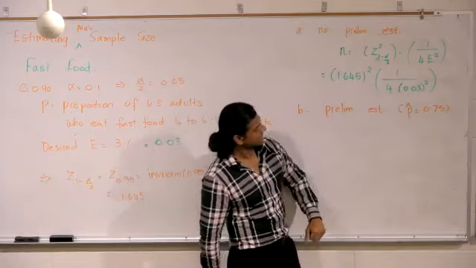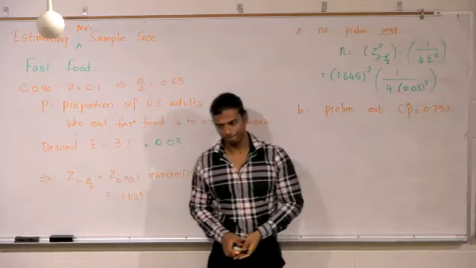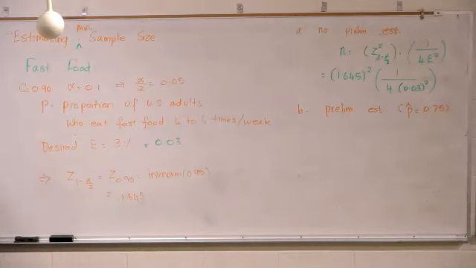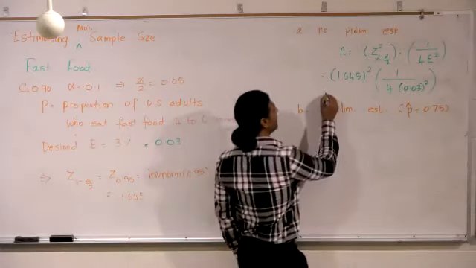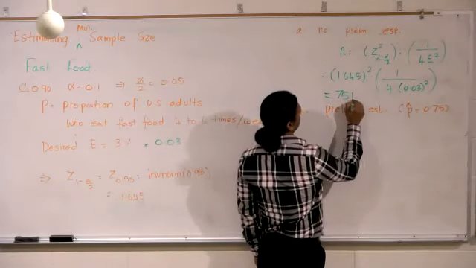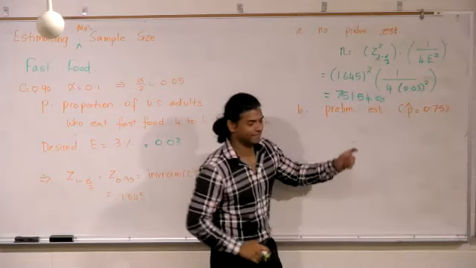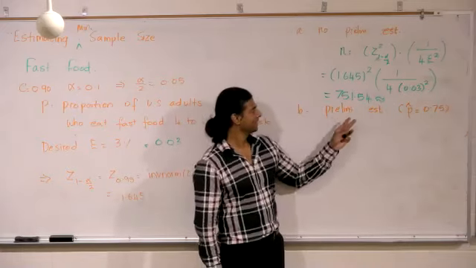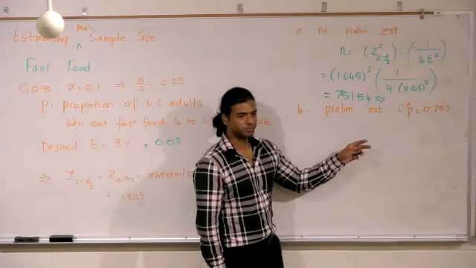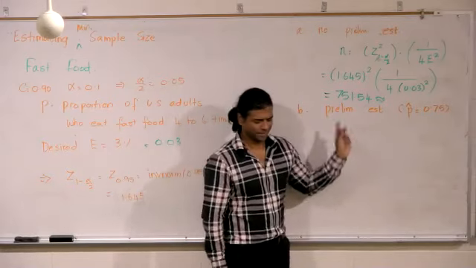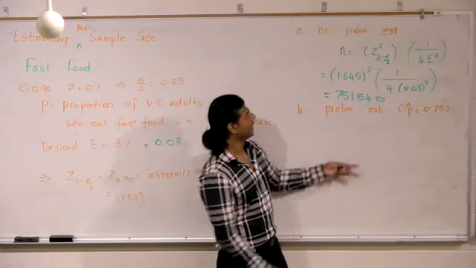Put that in the calculator and tell me what you get. 751.53. We still have to round it, correct? We can't have 751 people and half of something.